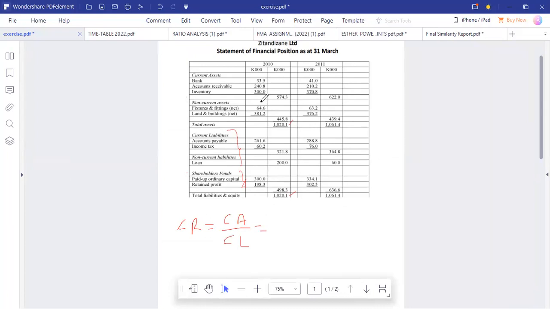So what are our current assets for 2010? We get 774.3 over the current liabilities, which are 321.8.